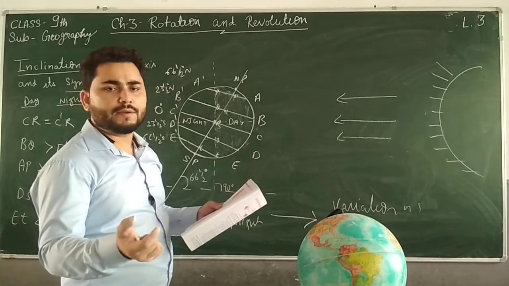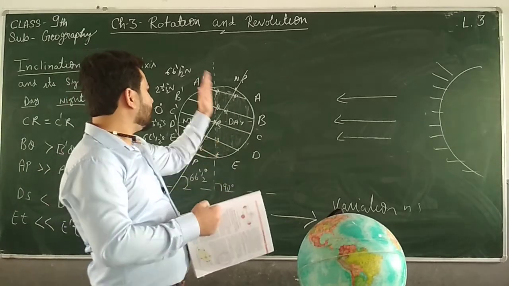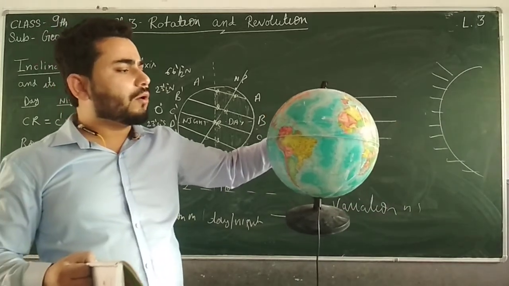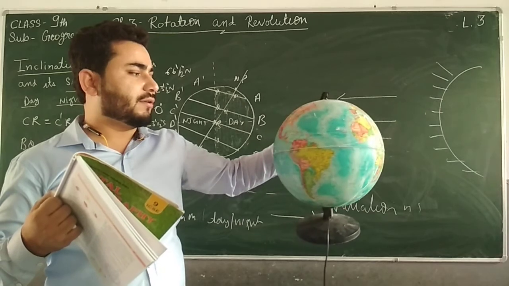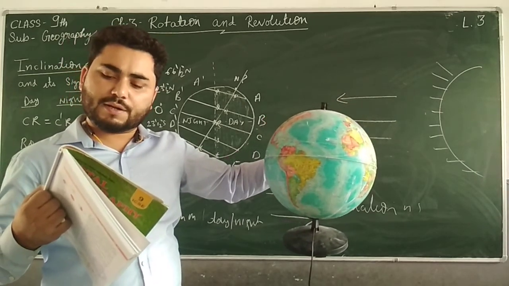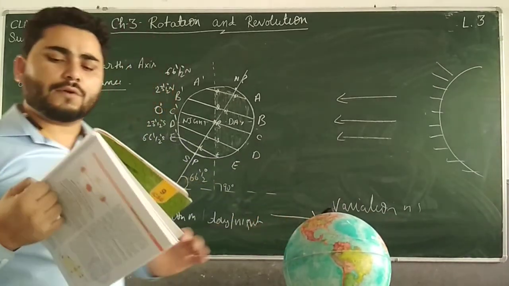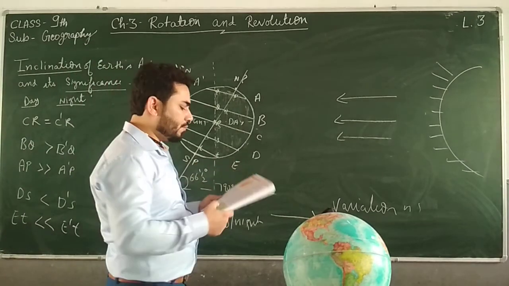This I have already explained to you. If the earth's axis was straight, then all places would have received the sunlight for the same period, and the temperature would remain the same throughout the year. If the earth did not revolve around the sun, even then with its inclined axis there would be no season.